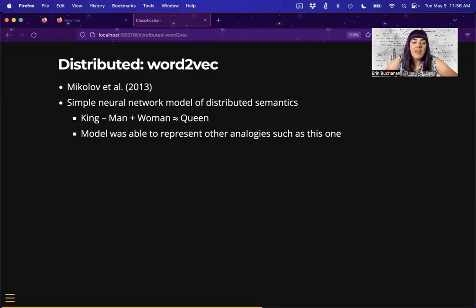And then it was able to represent other kinds of analogies like that one. This is their most famous example, that king minus man plus woman equals the vector for queen. Very close, approximately. And so that's really cool that just using text that uses these words, we can see these relationships without reading. Okay?